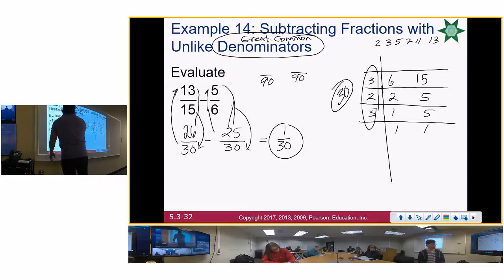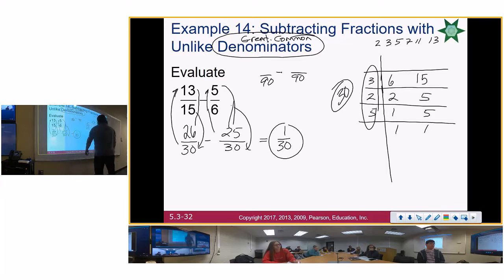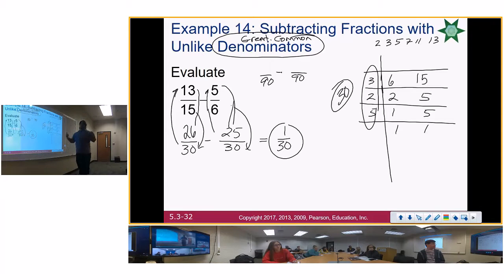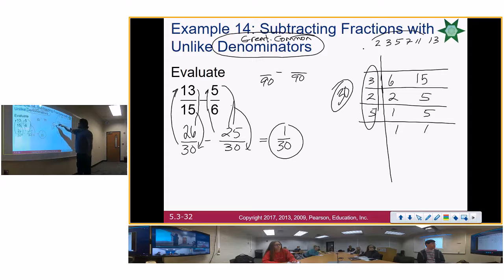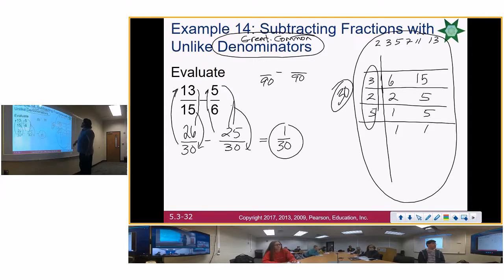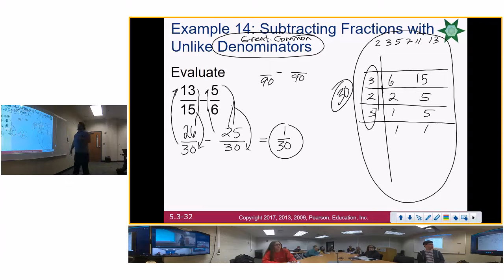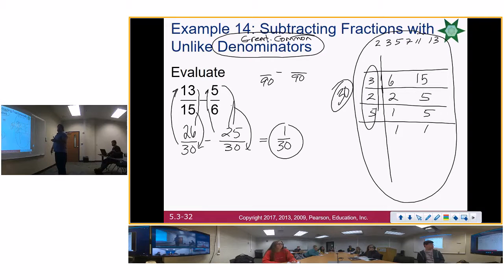And believe you me, the denominators on the problems I'm going to give you on the test are going to be huge. But with the least common multiple, you don't have to have a big denominator. You just have to find the least common multiple.